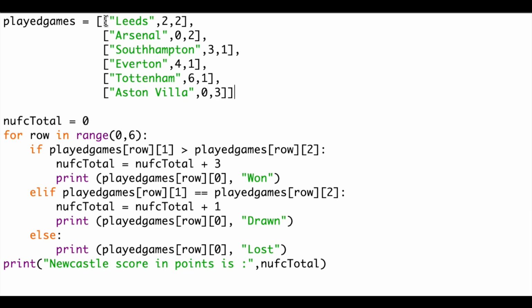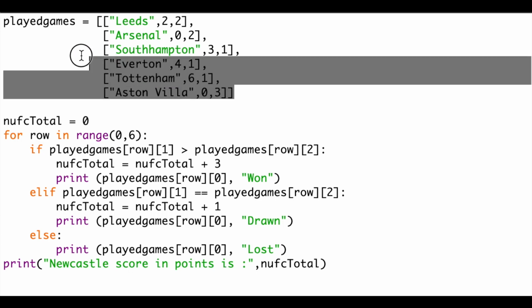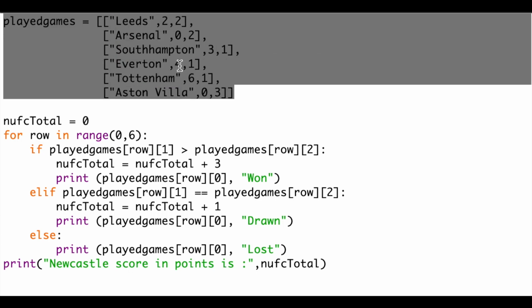So row 0, which is the Leeds row, column 0 would contain the string literal Leeds, column 1 the score 2, column 2 the score 2, and the same for the Arsenal. So this is row 1, this is row 2, and so on. So that is our 2D declaration with our data within the 2D table.